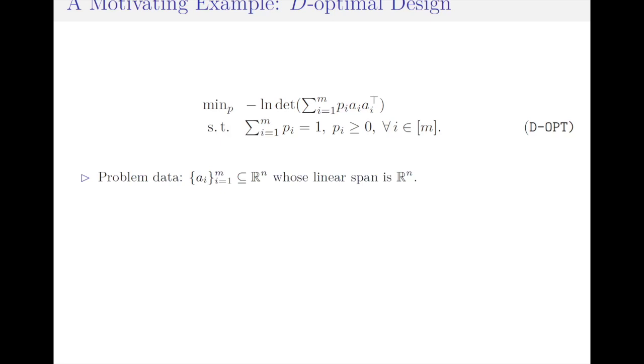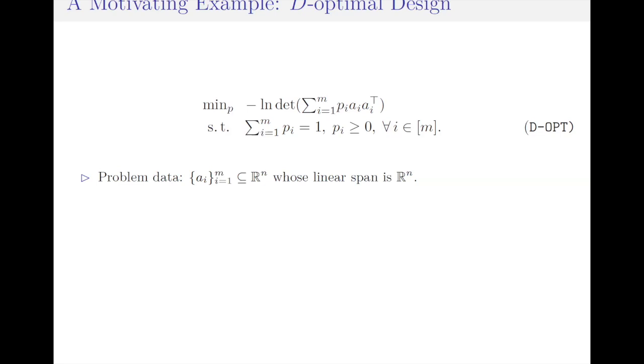And so this form is very simple. As you can see here, the optimization variable is a probability vector, in the sense that it lies in the unit simplex. So all the components are greater than or equal to 0, and the sum is 1. The objective function is basically a minus log determinant composed with a linear transformation of this pi.